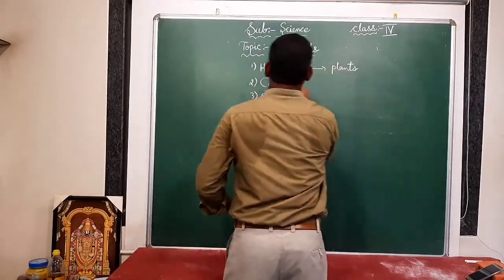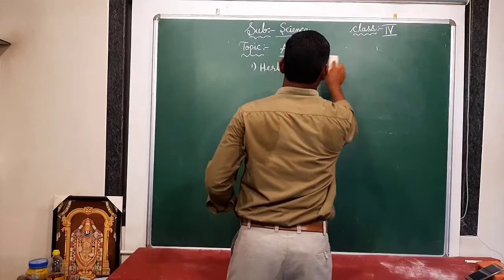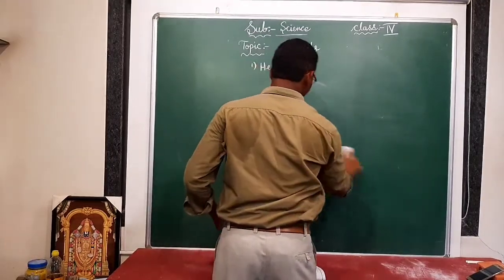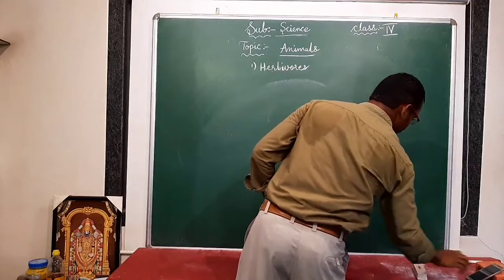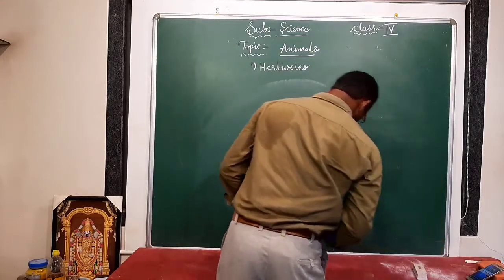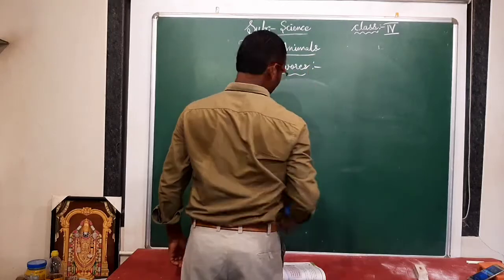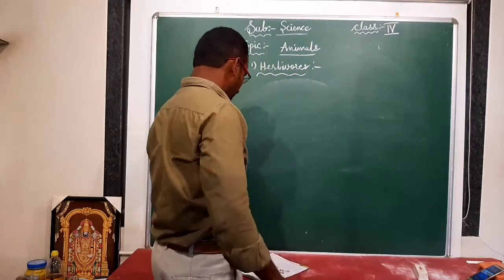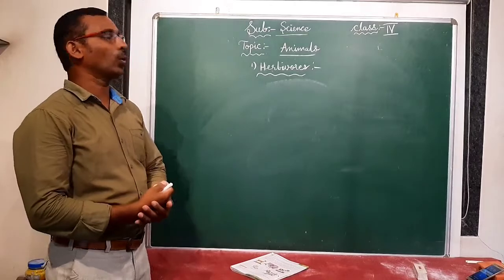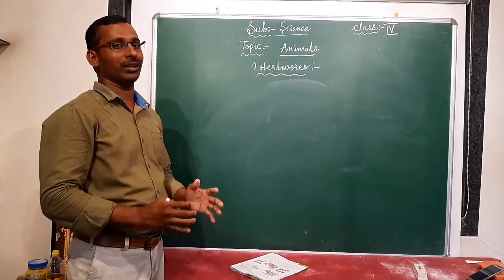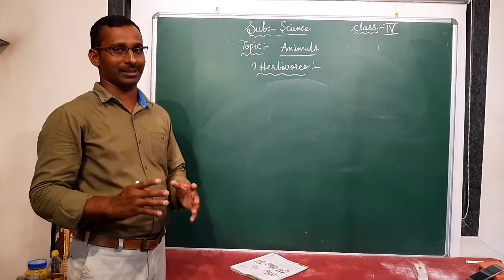Now we are going to discuss herbivores first. What are herbivores? Animals that eat only plants or grass.